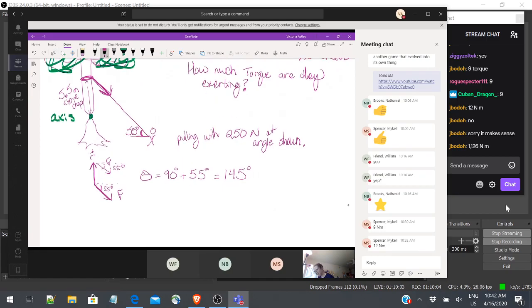So we have our torque is 250 times 5.5 meters times the sine of 145, which gives us, I get 789 Newton meters.